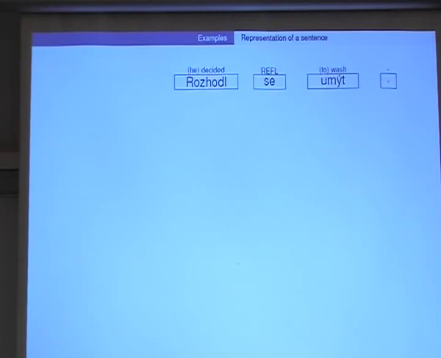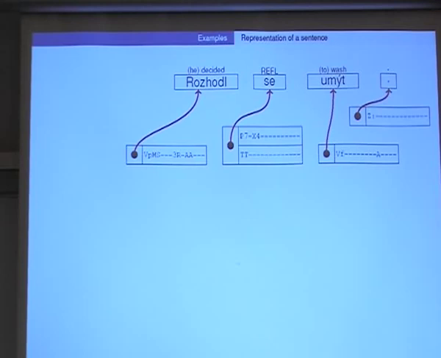Examples. Let's have a sentence, rozhodl se umít. This is a very complicated sentence because there is a haplology with se. You know? In fact, the sentence should be interpreted as rozhodl se umít, or rozhodl se umít se. This is the level of graphemics, just a mere string of words. Here is a morphological layer with morphological properties of individual words.